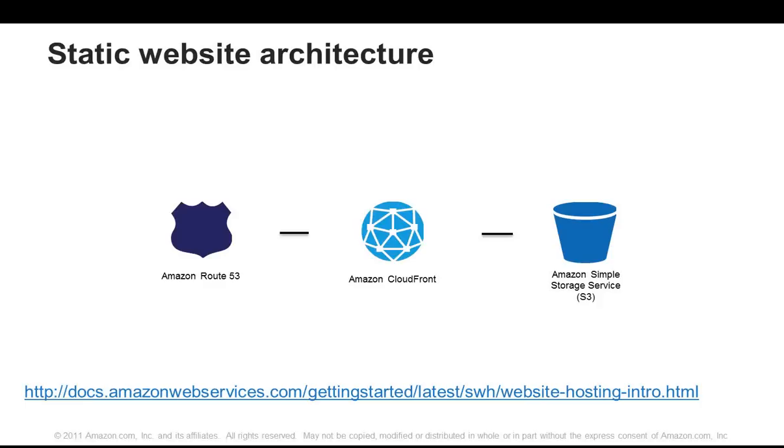That will really help you minimize your overall web server and database footprint, which will help you reduce your costs. It will also get your content out closer to your customers so your pages load faster.